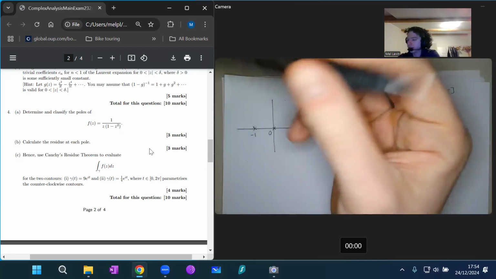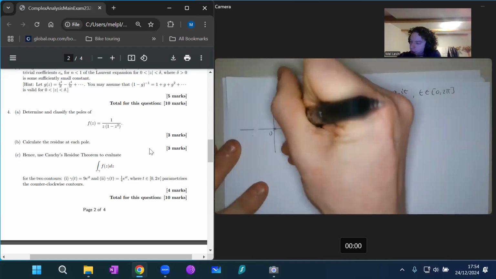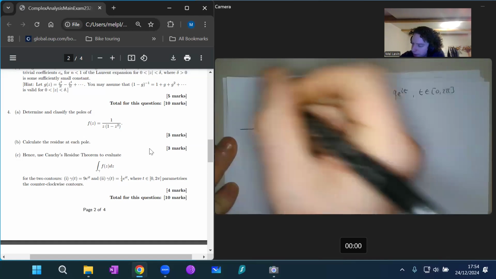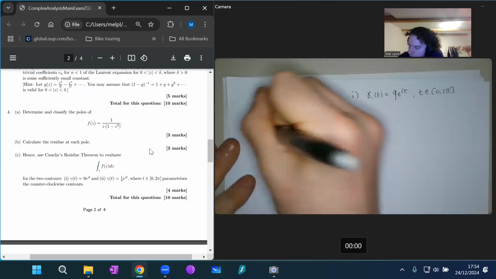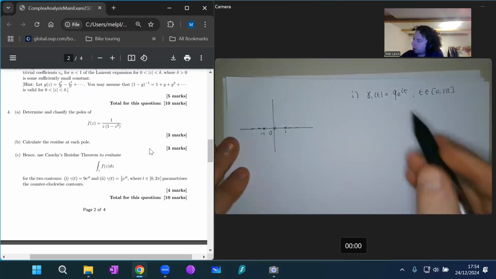Maybe I'll redraw my picture ever so slightly to put the singularities a little closer together. This is not to scale at all.